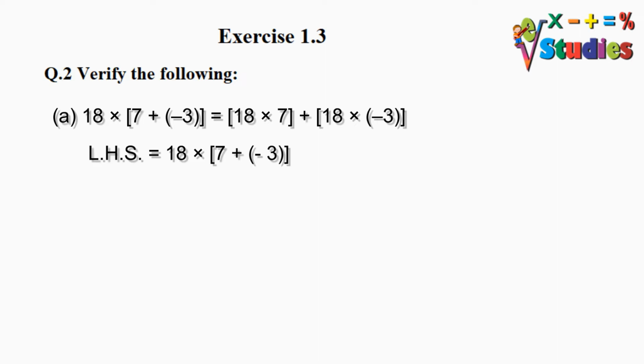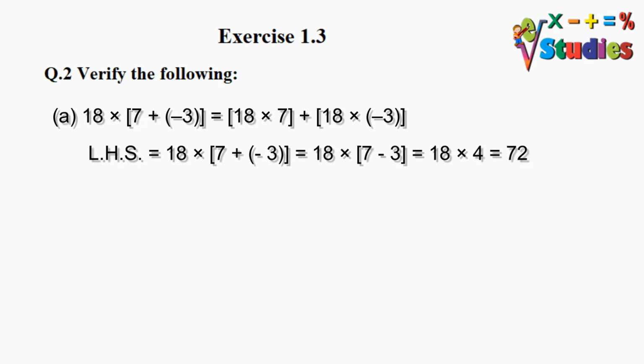Looking at the left hand side, we have 18 multiplied by 7 plus negative 3. Opening up the bracket of negative 3, we have 18 multiplied by 7 minus 3. 7 minus 3 will give us positive 4. So 18 multiplied by 4 will give us 72.